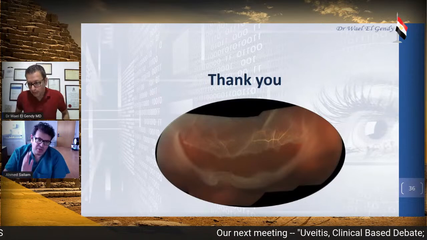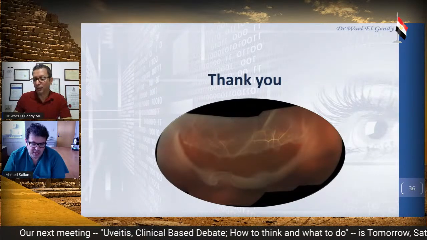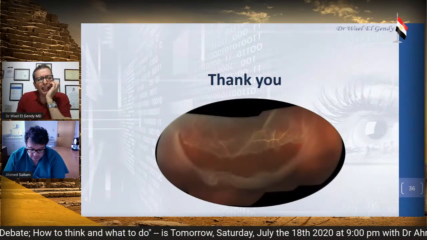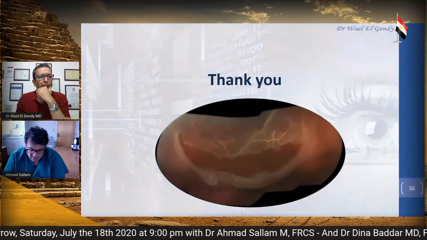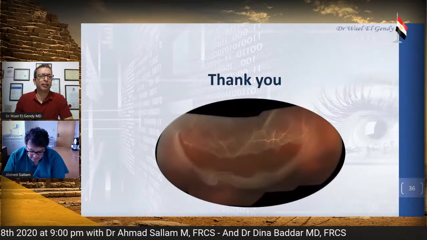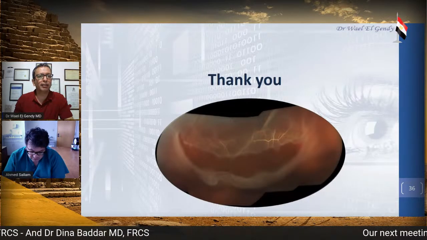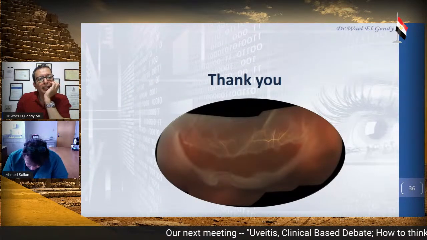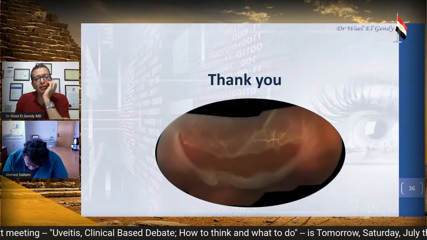It's in the Eye journal. It's about using PFCL as the primary tamponade in giant retinal break. Oh, yes, I saw him posting a link for it. If you can open it, would be great. I don't have it here now. Yeah, I think I got it. It's here.